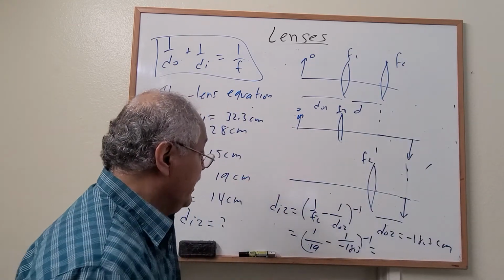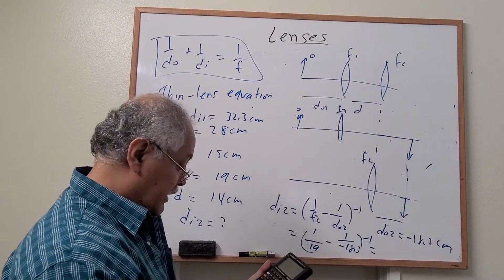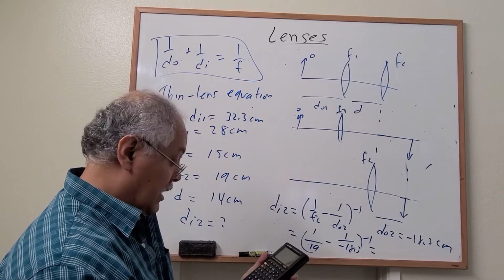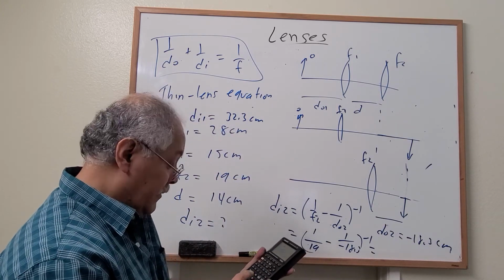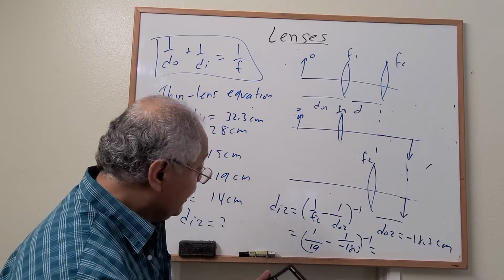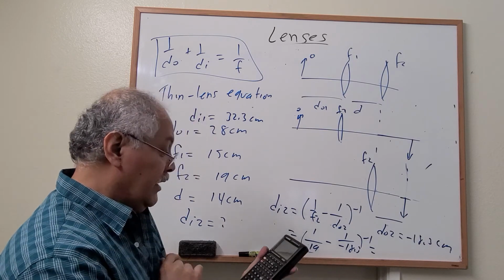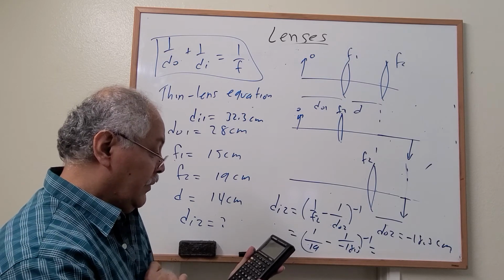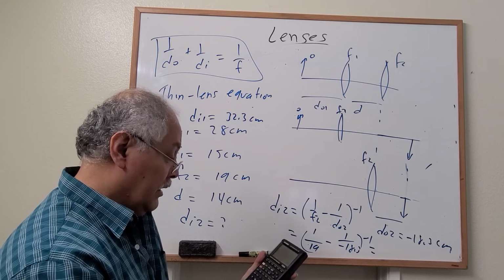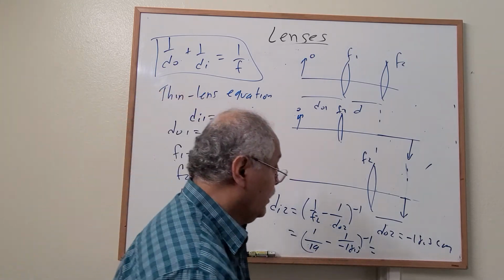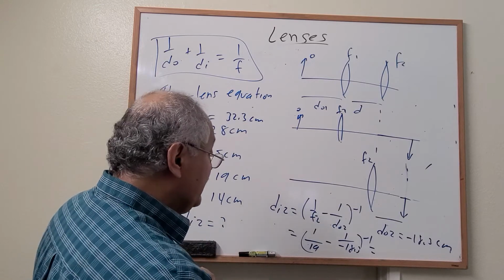Let's use the calculator: 1 over 19, this becomes plus 1 over 18.3, then inverse, which gives 9.3. So the answer is 9.3 centimeters.